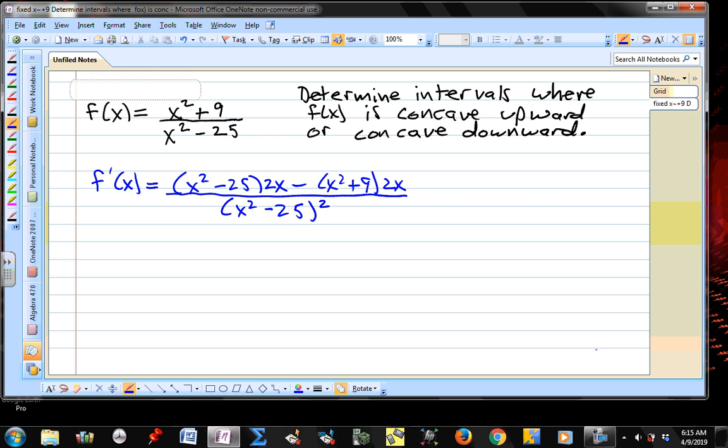Now let's clean up the top a little bit. We distribute the 2x. Now we'll distribute negative 2x to the second quantity.